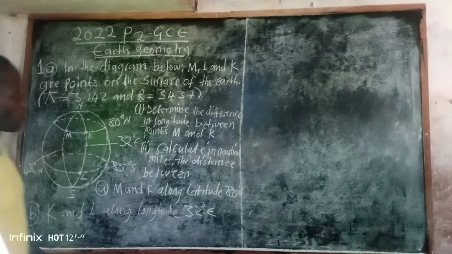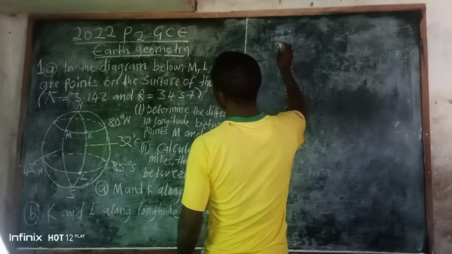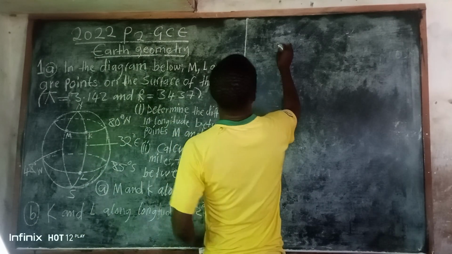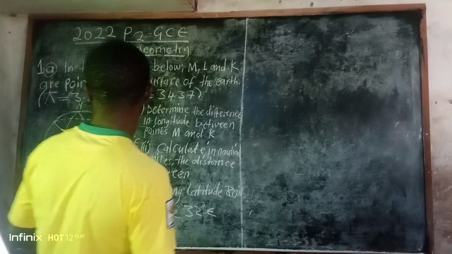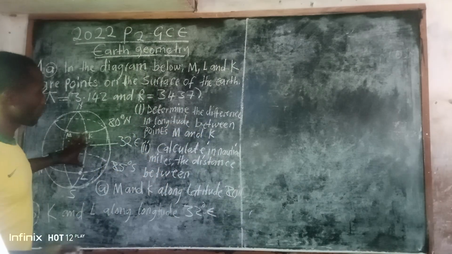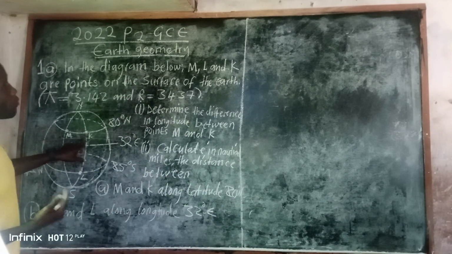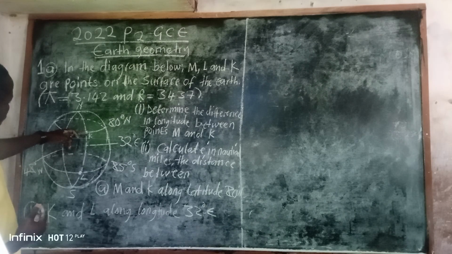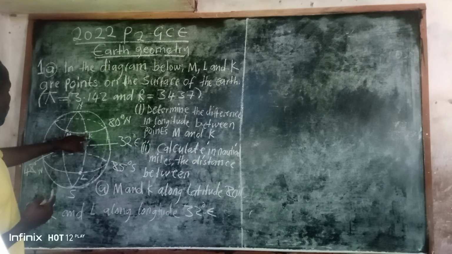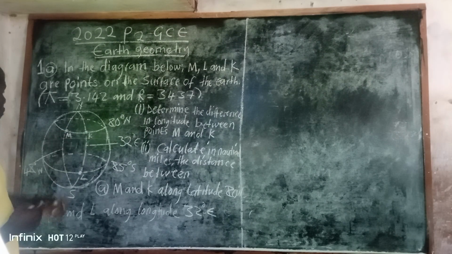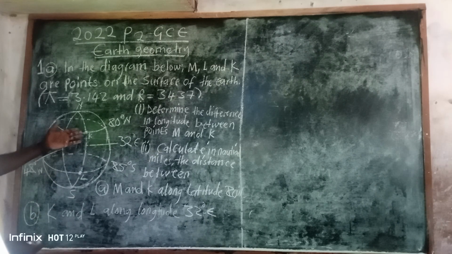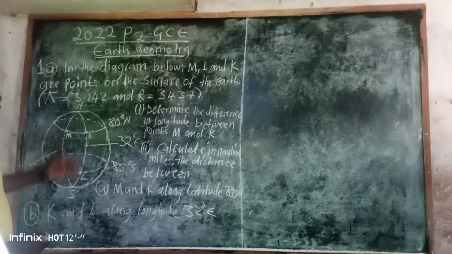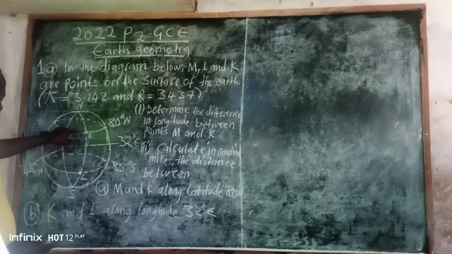Okay. So this time around, we'll still get back to the same formula, but before we go to that one, there is something that we are supposed to know before we go into the main question. Actually, there is the theta on the formula itself. So what are we going to put on that one? Let us first of all find the difference between these 2 points. It is that same difference that you are going to use when substituting in the formula.